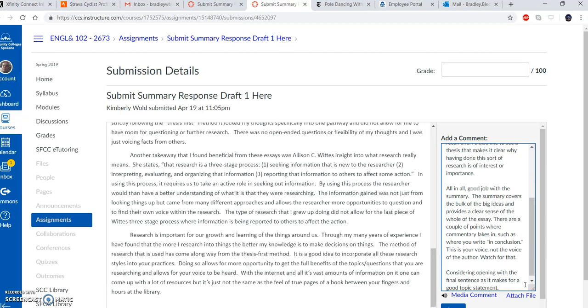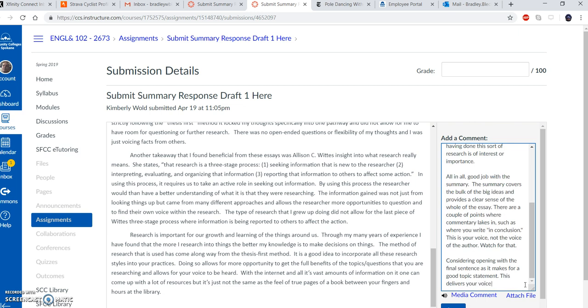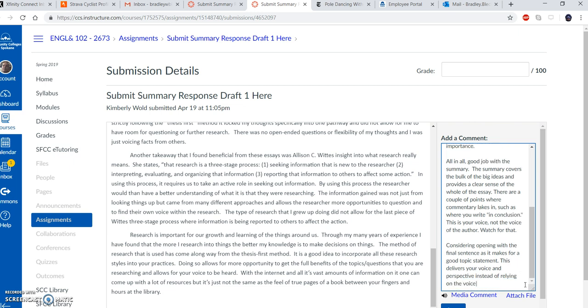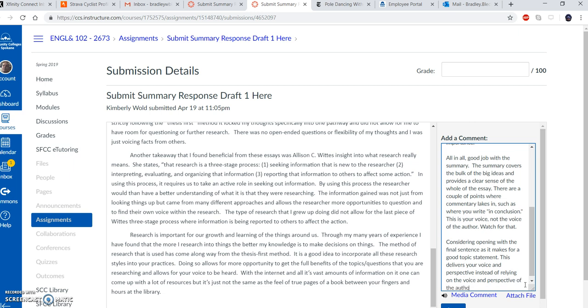I didn't get to do this kind of stuff in the past, so you're looking forward to it, I hope. So anyway, there's a good topic statement in this essay. This delivers your voice and perspective instead of relying on the voice and perspective of the authors.